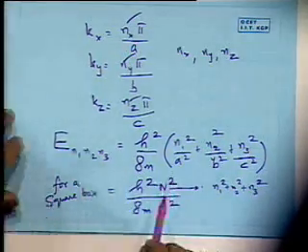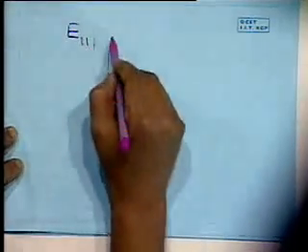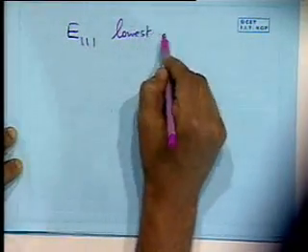So the idea is again that we have quantization, but this time we are dealing with 3 quantum numbers instead of 1 that we had there. Now I've got 3 quantum numbers, each of which can have values 1, 2, 3, and so on. E111 is the lowest level or the ground state.